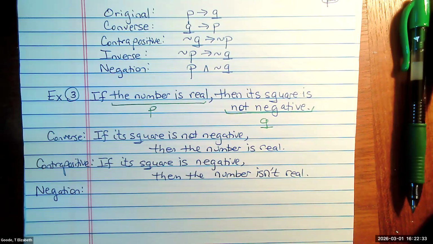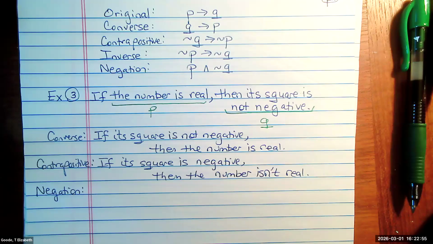So when we negate an if-then statement, the negation cannot be another if-then statement because both of those would be universal, and we don't get a universal statement when we negate a universal statement. Does that make sense? That should help you remember that when we negate an if-then statement, we cannot get another if-then.